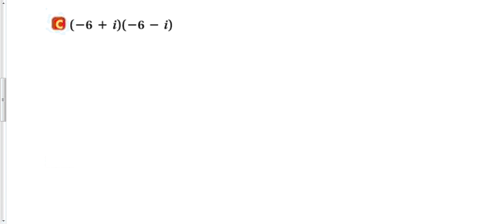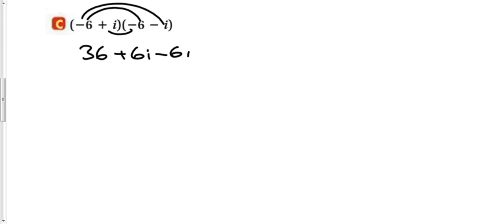sometimes something special can happen. As we're looking at this, I notice that the real parts are the same and the imaginary parts are opposite. I have plus i, I have minus i. Let's see what happens. Negative 6 times negative 6 is positive 36. Outside, negative 6 times negative i, that's plus 6i.